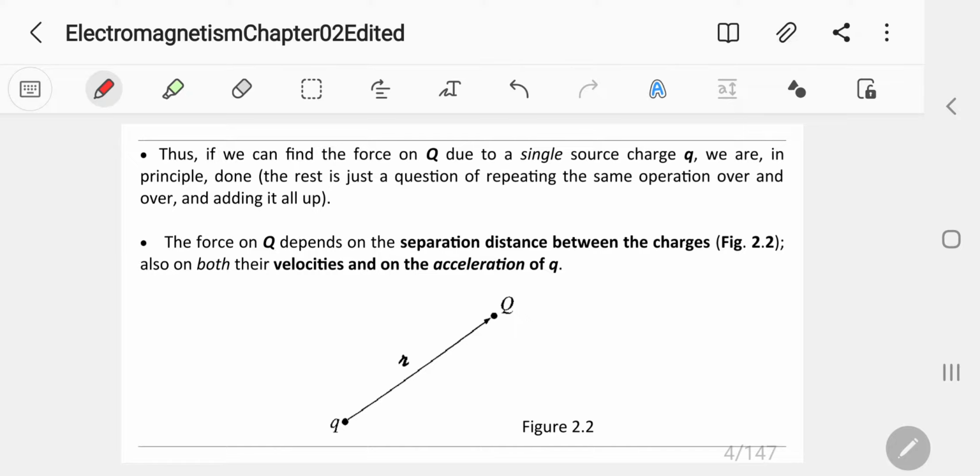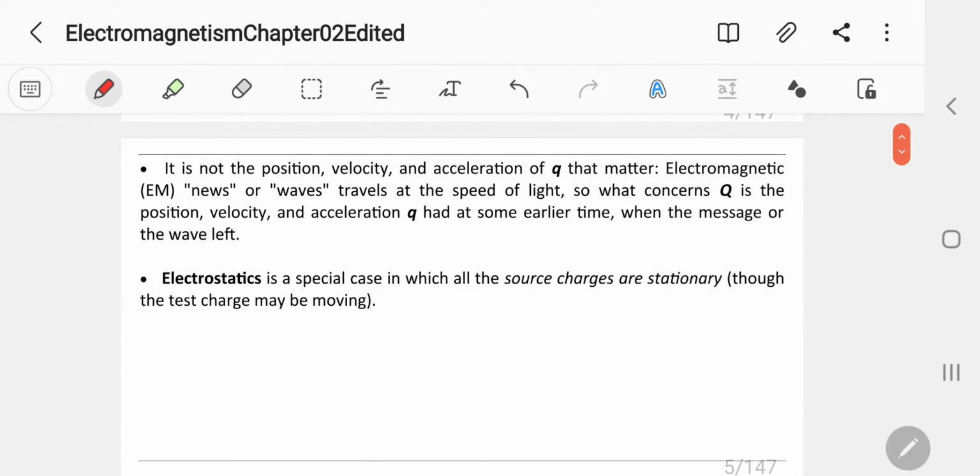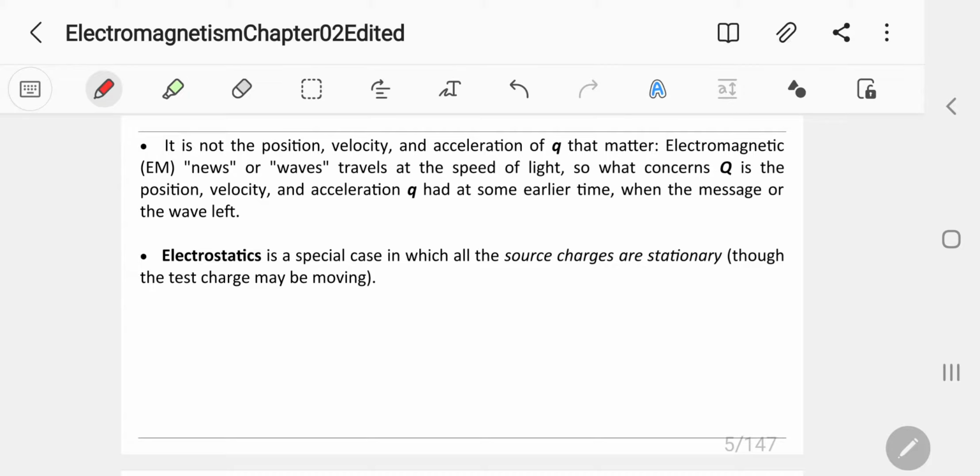In general, it's also dependent on the velocities and on the acceleration of Q. But again, in this case, we're considering velocities to be 0 and of course acceleration to be 0. So for now, we'll just concentrate on electrostatics, which is a special case in which all the source charges are at rest relative to the test charge, capital Q.